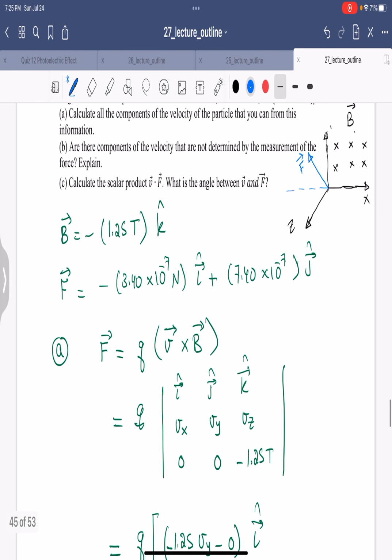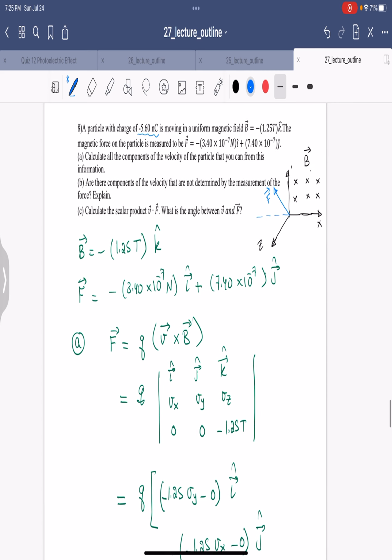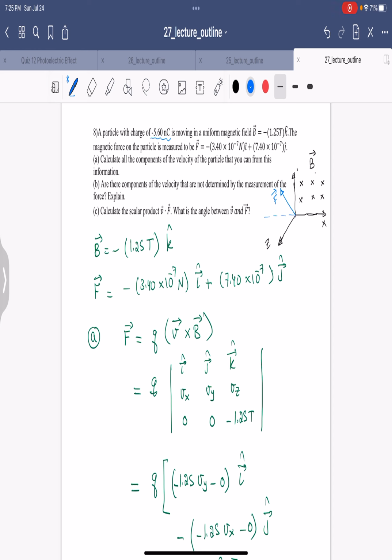Here, B is negative 1.25 Tesla K. Remember the problem solving, we said if you can put them in this notation, it is a very easy notation. Then here, F is Q, V cross B. I want you to review, as was outlined at the beginning in the pre-knowledge, how we do the cross product.